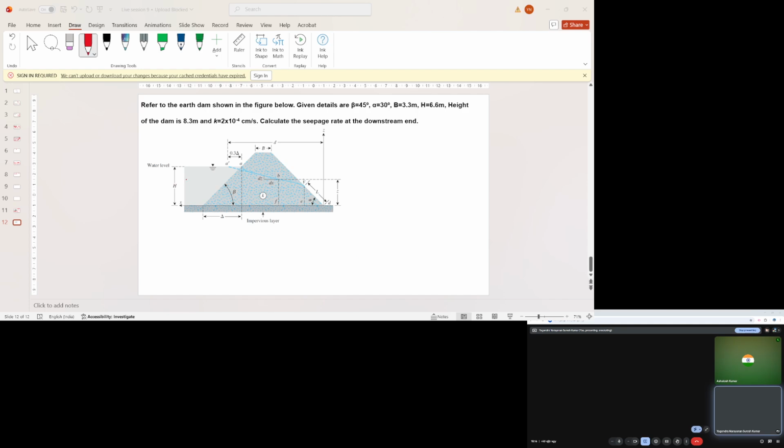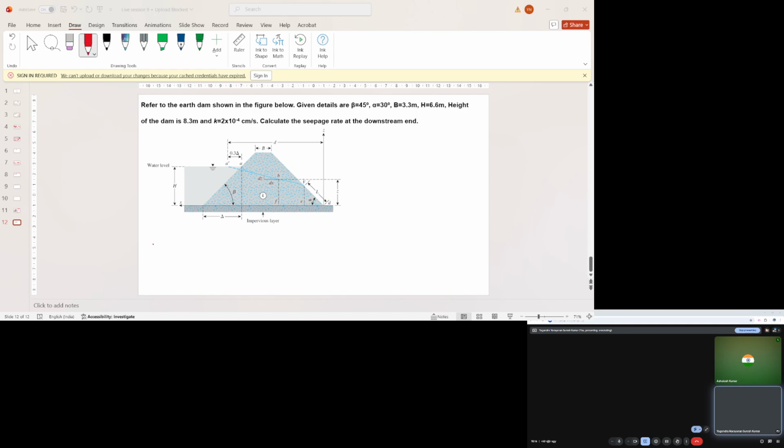How will you calculate x? Same thing. Let us take this bigger triangle. 8.3 is given, we know the height 8.3, and this is going to be x.